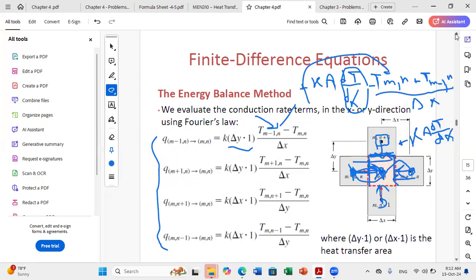So all we did is replace these in the formula. But if you have delta x equal to delta y, this simplifies things, because delta y over delta x will cancel out.